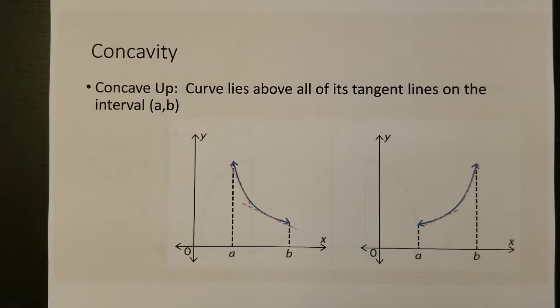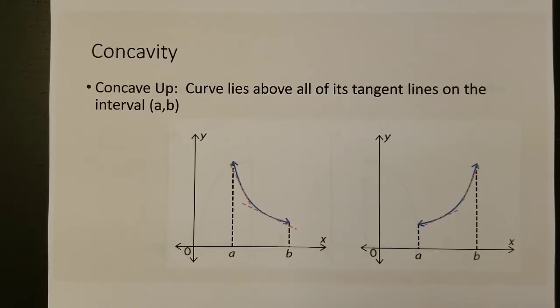If we were looking at concavity to compare concave up and concave down, one thing I like to use as a memory trick is that functions that are concave up look like they could be pieces of an opening up parabola.